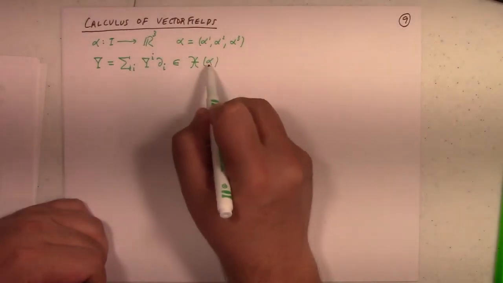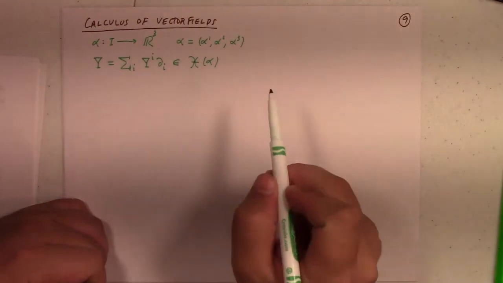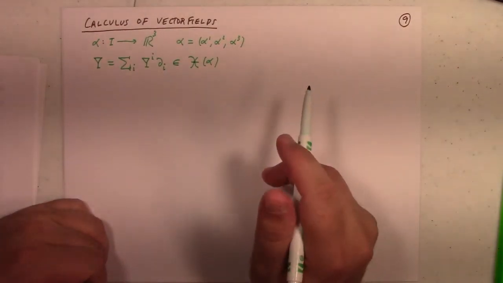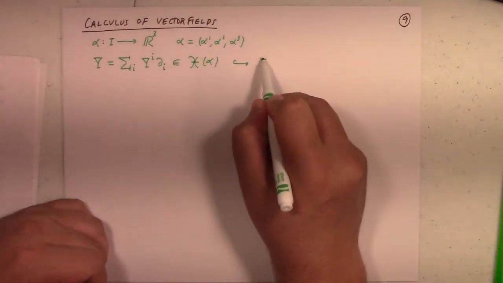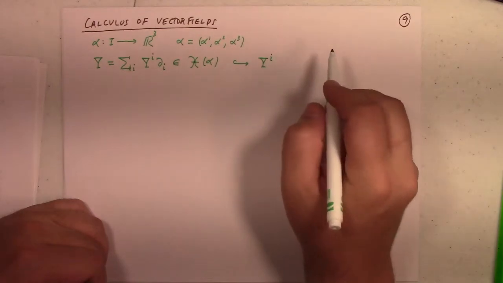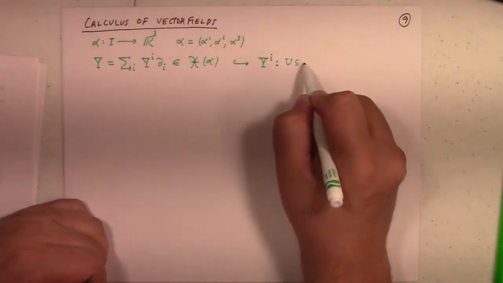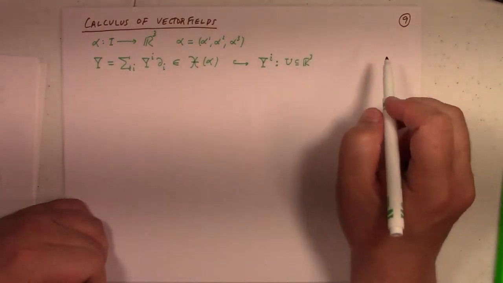And what all that notation means is that the formulas for the vector field are defined near the curve, and they're smooth. Okay. So in particular, what that tells me is that these component functions of the vector field, y sub i, they're defined for some subset of R3. That subset includes the curve, right?